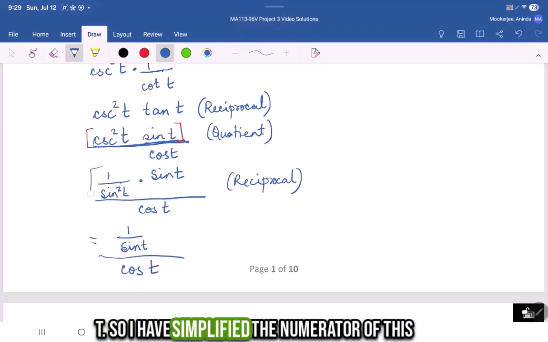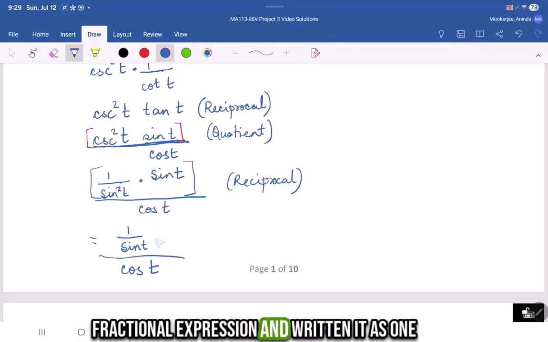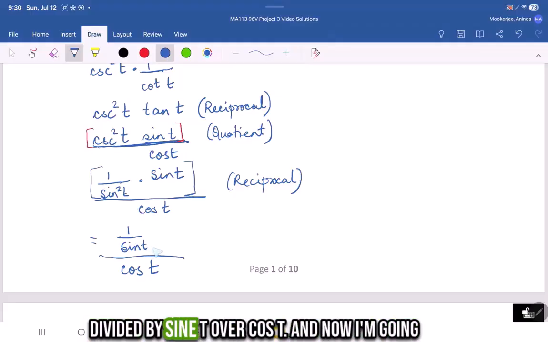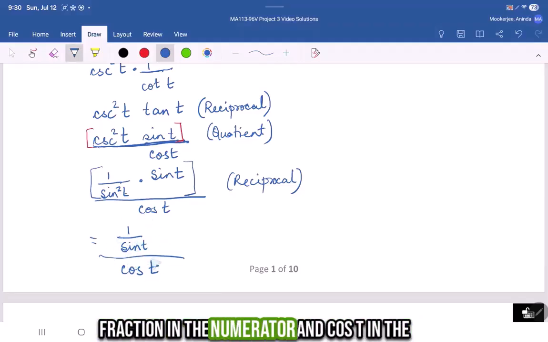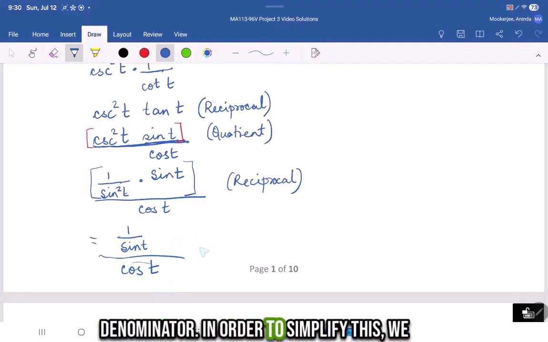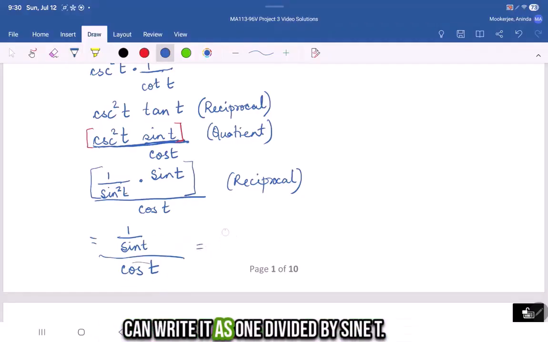So I have simplified the numerator of this fractional expression and written it as 1 divided by sine t over cos t. And now I'm going to perform the division here. So we have a fraction in the numerator and cos t in the denominator. In order to simplify this, we can write it as 1 divided by sine t.